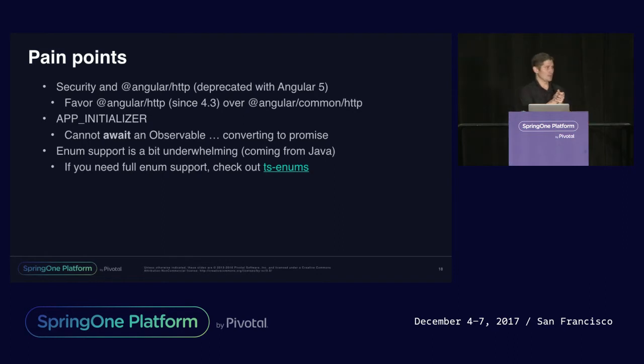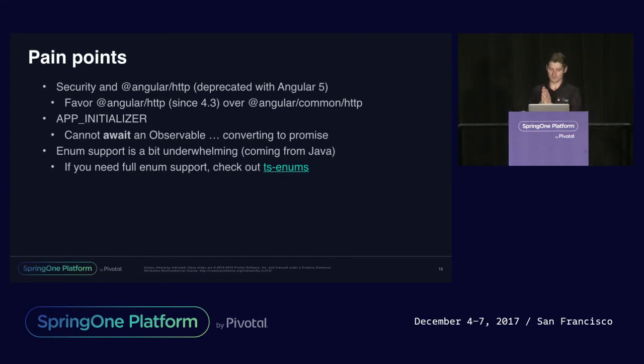As I said, observable everywhere except when you initialize the app. So there were some issues around that; you have to use a promise when you do await. If you need to bootstrap your app and you really need to do something synchronously, you need a promise for that. And for Java developers, one thing that was a little bit underwhelming on the TypeScript side is the enum support.